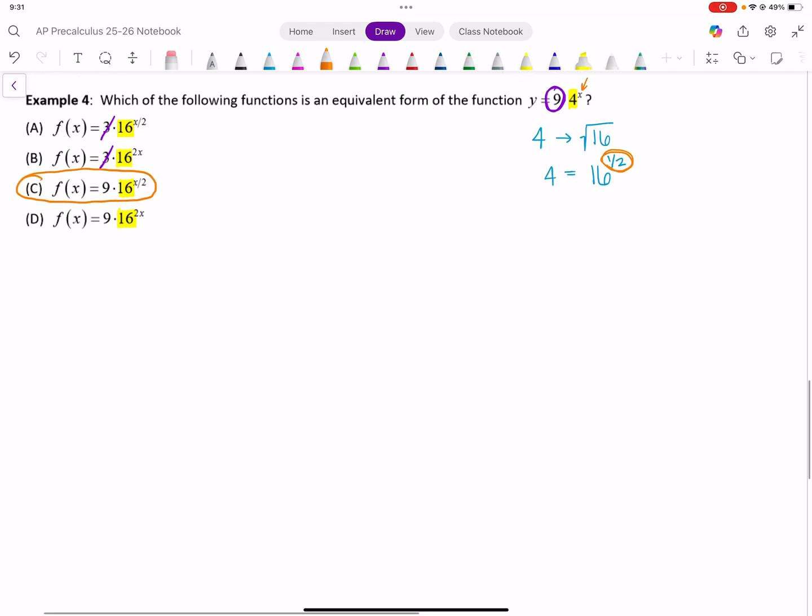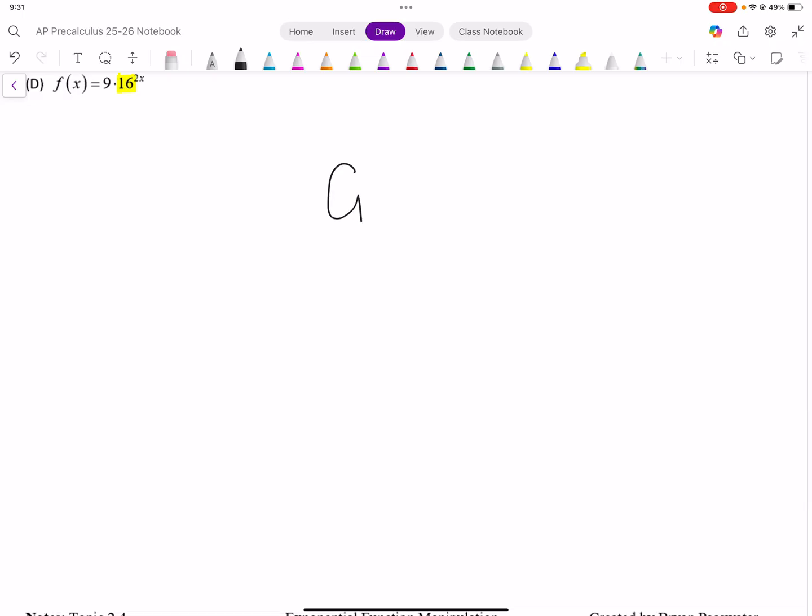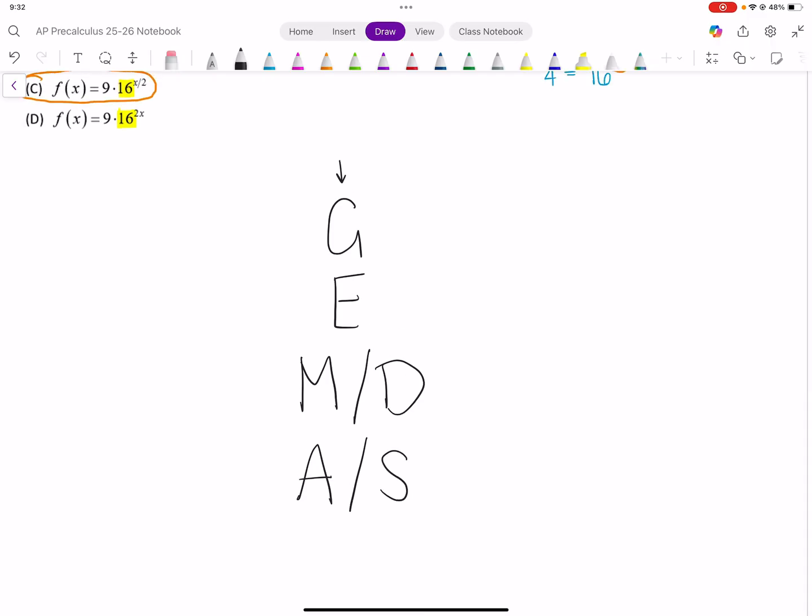So one thing from Algebra 1 that might be helpful is remembering the relationship between your exponent rules and your order of operations. So our order of operations is GEMDAS. And these are referring to what is happening to the base of the exponents.